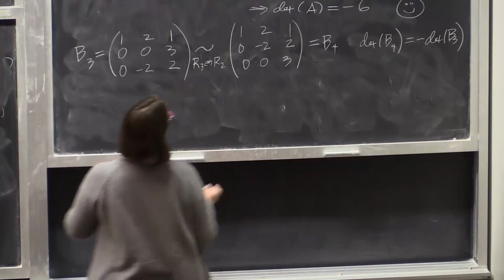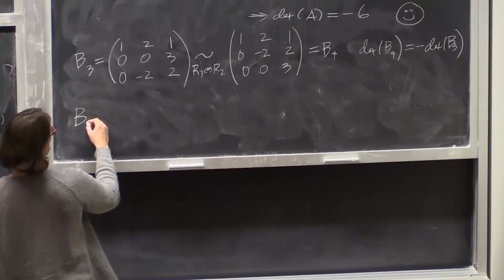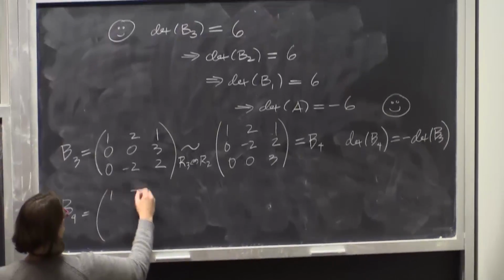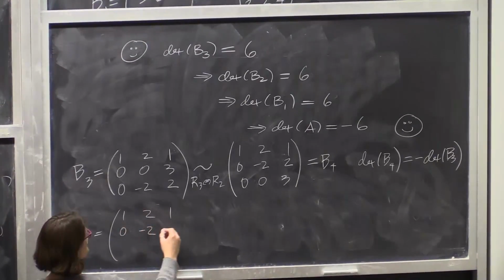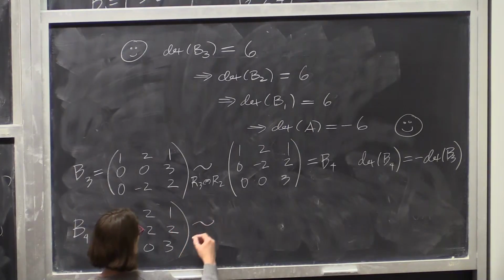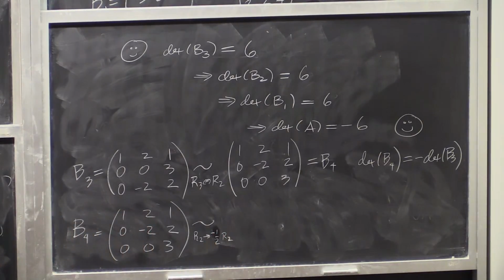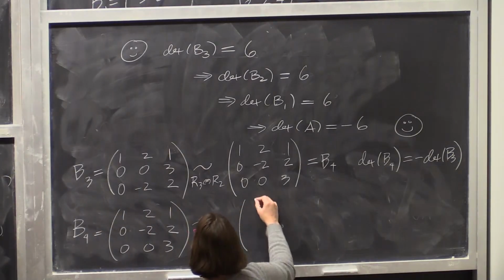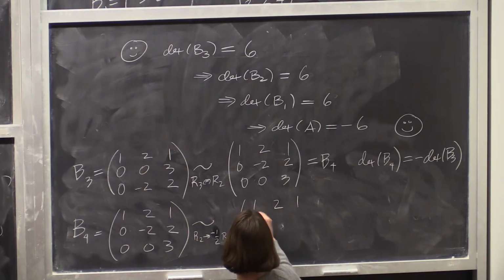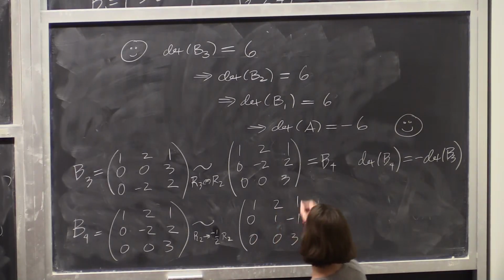Now I've got B4, which is 1, 2, 1, 0, minus 2, 2, 0, 0, 3. And that's row equivalent. I'm going to send row 2 to minus 1/2 times row 2. So 1, 2, 1, 0, 1, minus 1, 0, 0, 3.